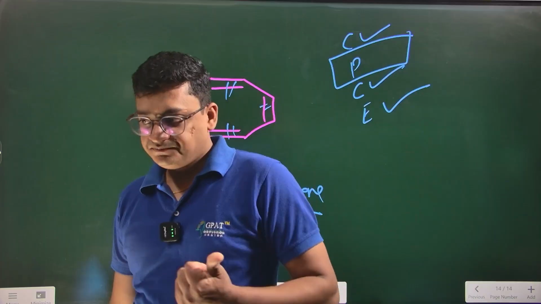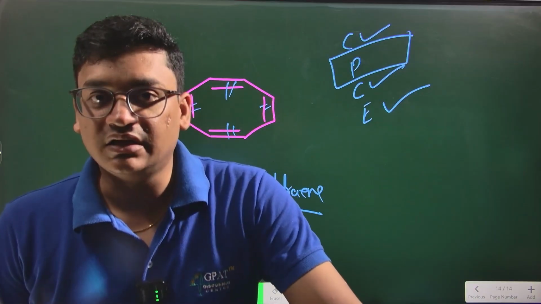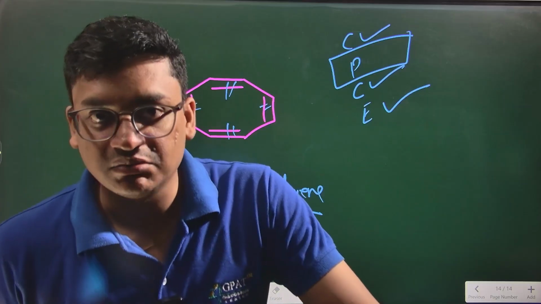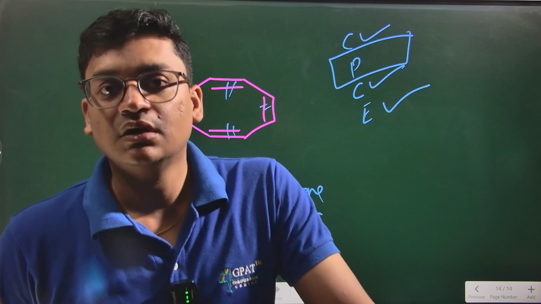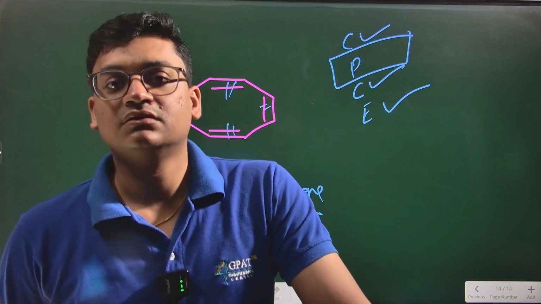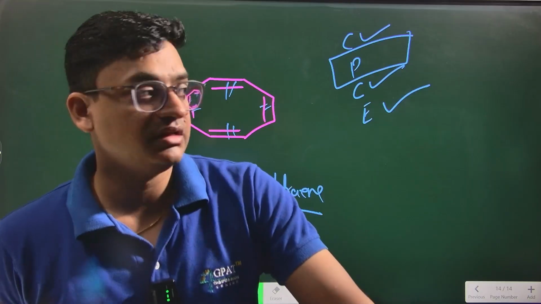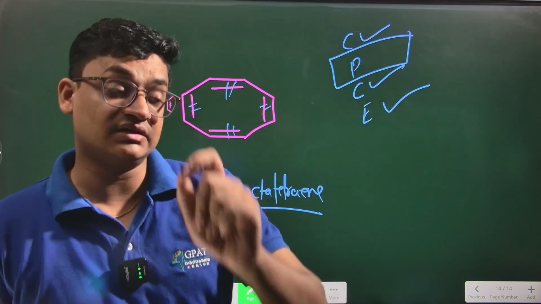Always remember, if it's a monocyclic ring, a single ring with more than 7 carbons, the ring may be having non-planar geometry. The same case happens here for cyclooctatetraene, and it's an exceptional case.